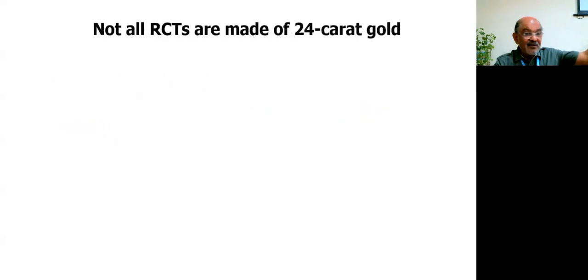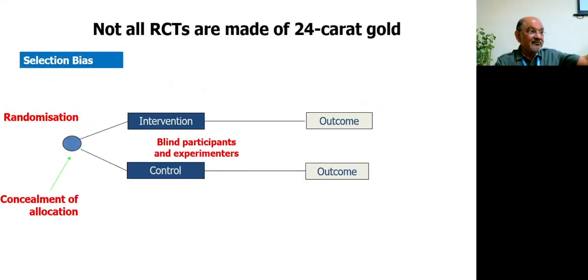Now you may have heard about these things this morning in RCTs. Now tell me, why are we randomizing? There are two critical aspects of randomization. One is the process of randomization. Why do we randomize?